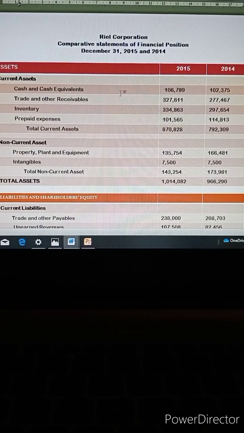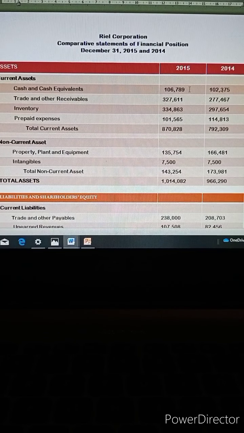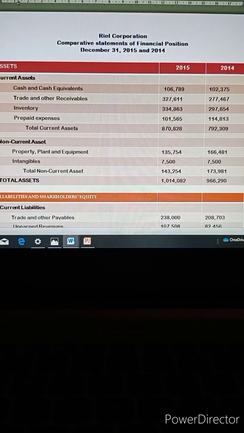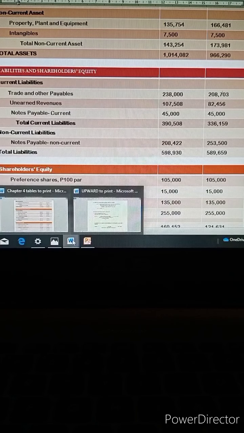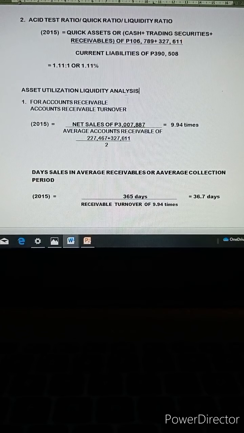So the cash of 106,000 and the trade and other receivables of 327,000, as well as the current liabilities here, the 390,508. So this is where we get these figures since we are referring to 2015.